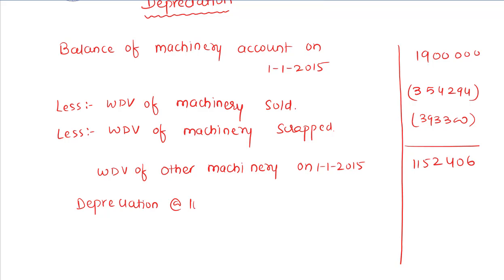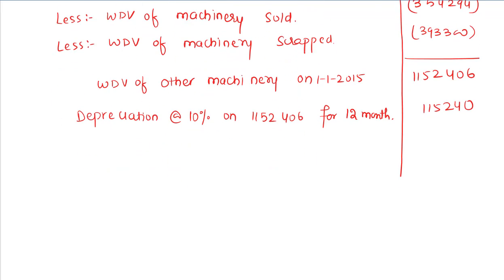Depreciation at the rate of 10% on 11,52,406 for the whole year, so 12 months, is 1,15,240.